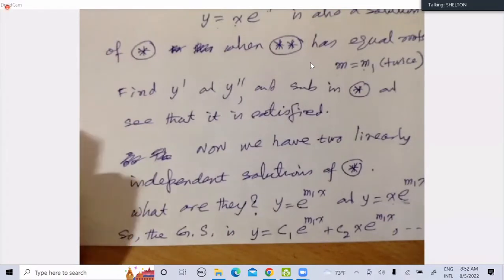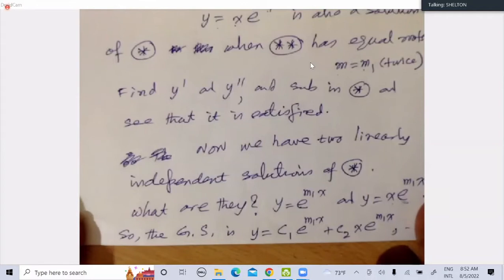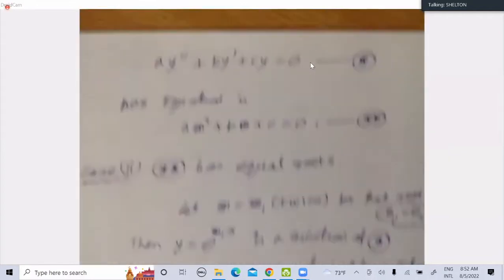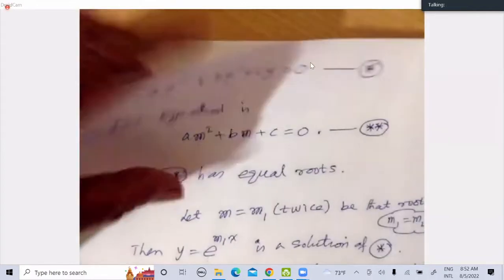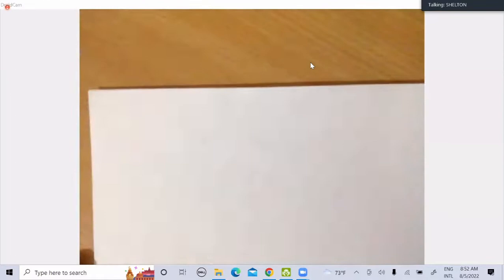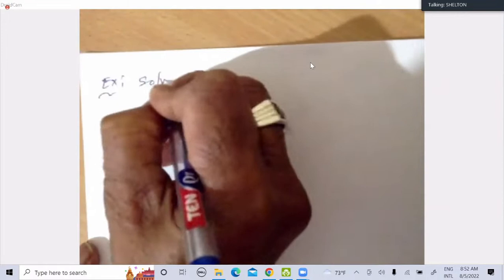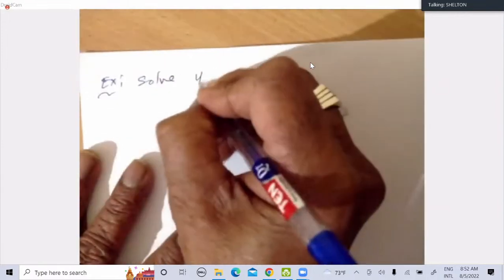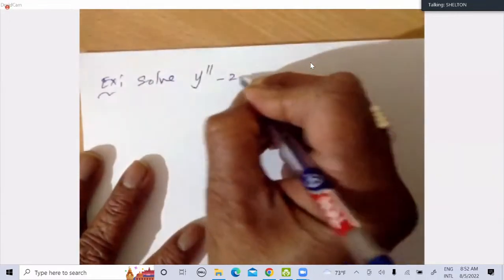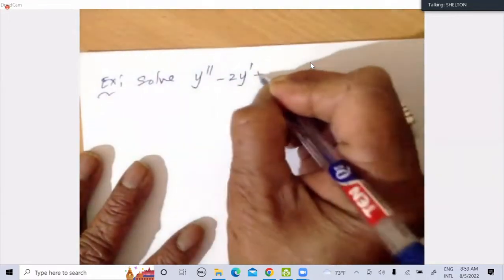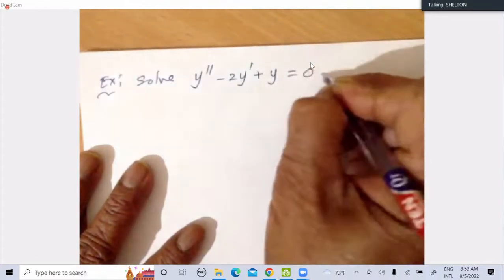We have about 8 minutes left. Example 1. Solve this equation: y double dash minus 2y dash plus y is equal to 0.